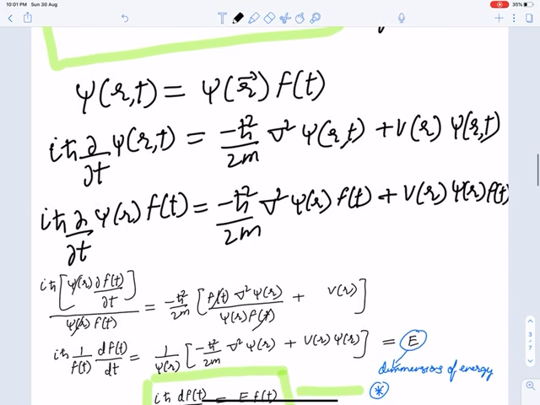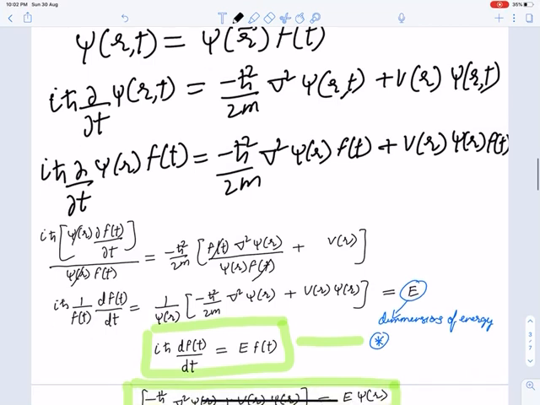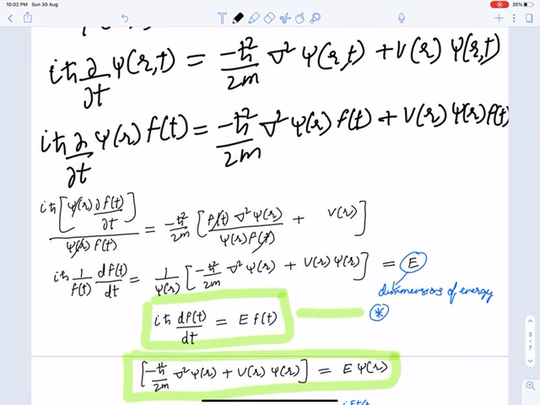Now what you will do is substitute psi r f t in equation number 8 and divide the whole term by psi r f t. Then I have done this as i h cut psi r curly f t by curly t, divided by psi r f t, is equal to minus h cut square and so on, and when you do all this, you will get this equation, which I have written as equal to E.